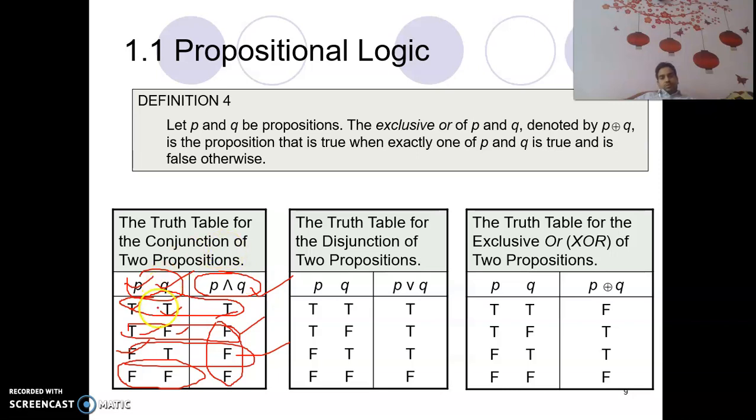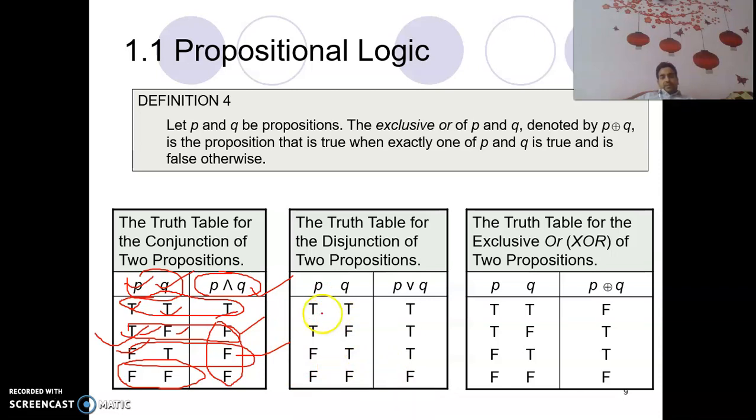We can see all these values of P and Q, and P conjunction Q is written in this table. There will not be any other value of P and Q possible apart from the values which are placed in the table.